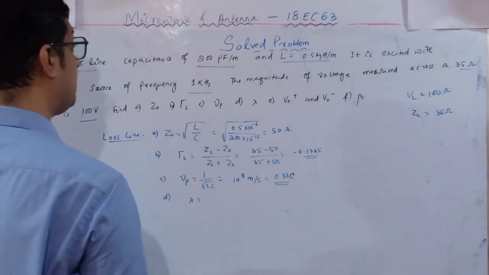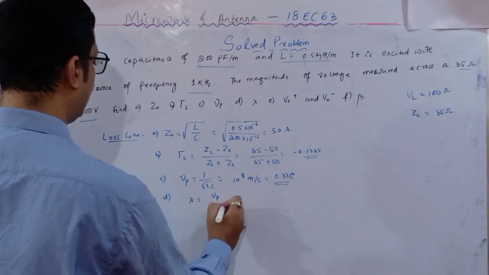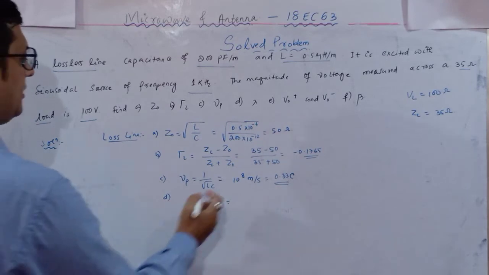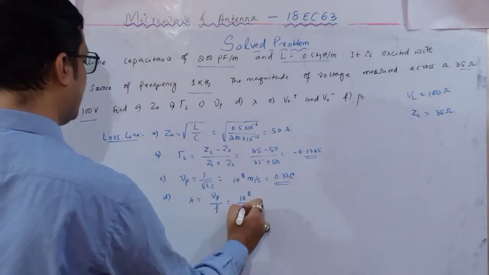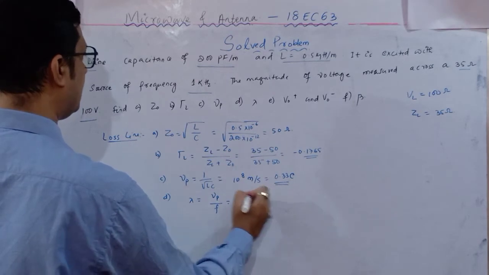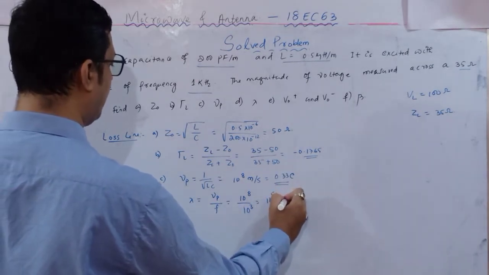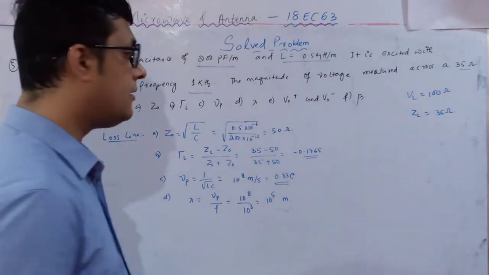Wavelength is the phase velocity divided by F. So it is 10 to the power 8, and F is 10 to the power 3 because it is 1 kilohertz. So it is 10 to the power 5 meter. That is called lambda. Done.